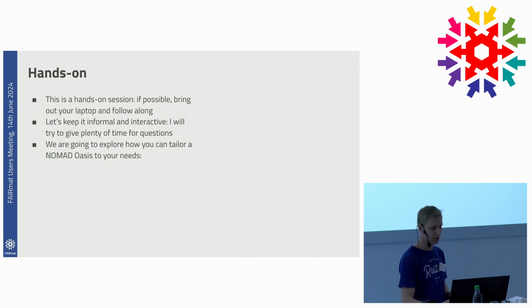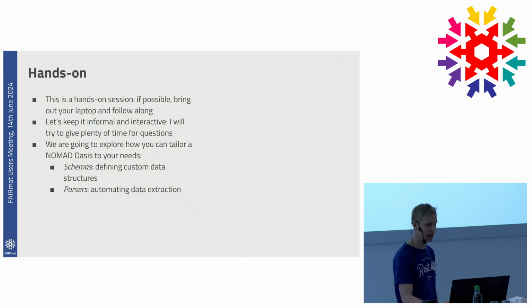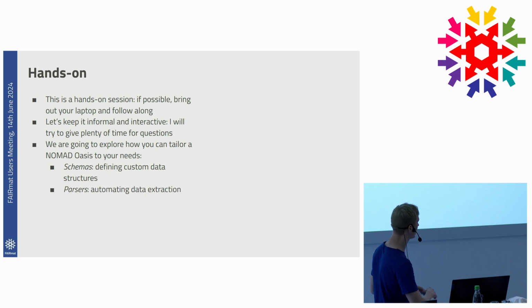We've already seen an example of these schemas for different labs. So basically this is what you do to define custom data structures and custom functionality. Parsers are essentially pieces of code that automate data extraction from files. We're going to see an example of these. And also apps, so basically how you could build this kind of catalysis app that Julia was showing.